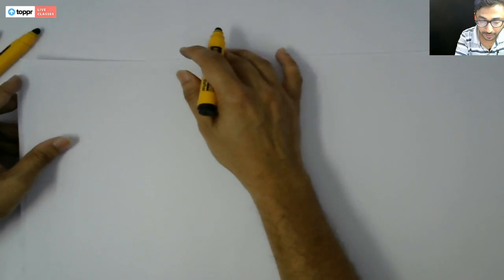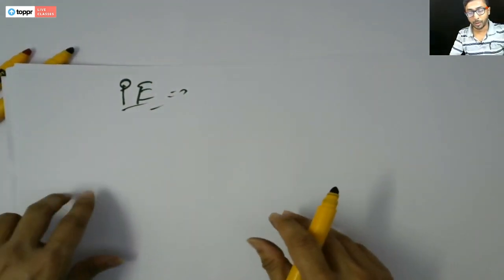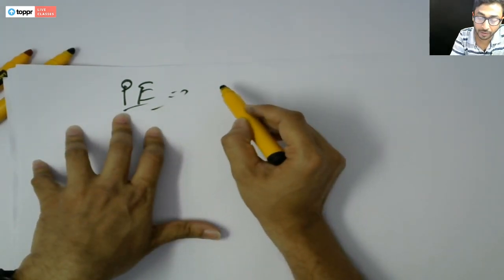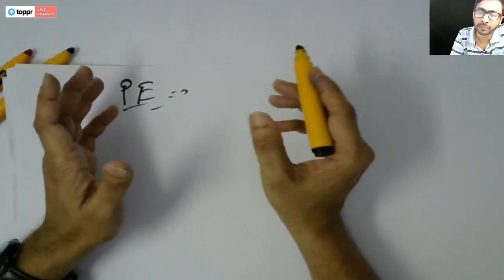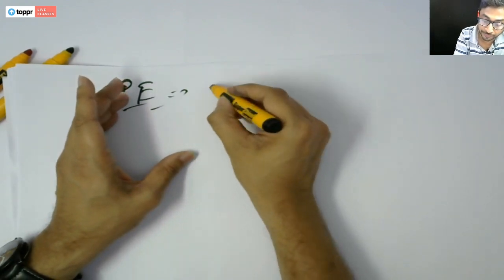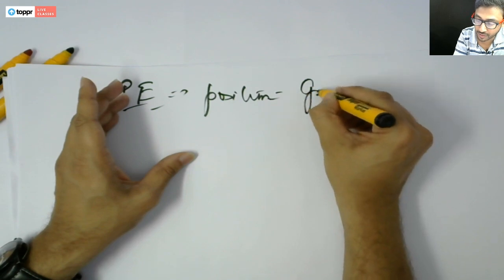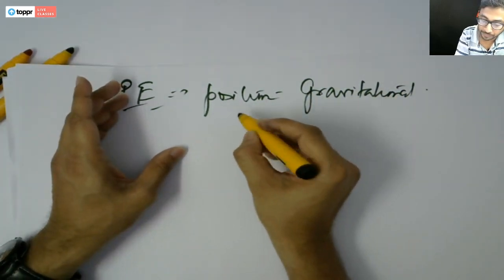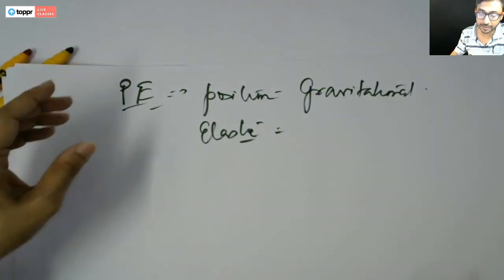Now what is potential energy? This you know, the energy possessed by virtue of its position, or for compression. For position it is called the gravitational potential energy. For elastic potential energy, that we get in springs.